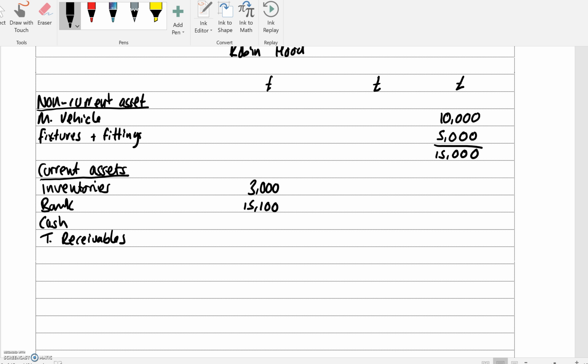You have cash for 200, and you have trade receivables 8,800, which is a total of 27,100. I'm going to give you a second to put down your current liabilities.